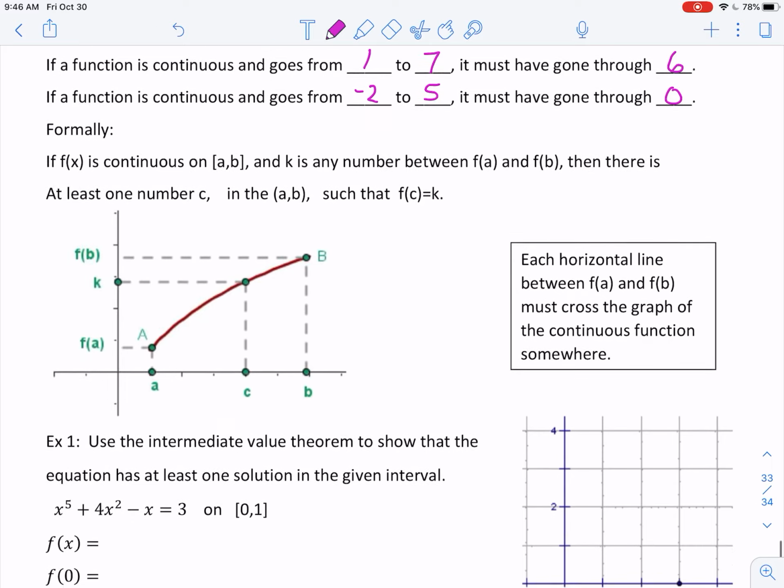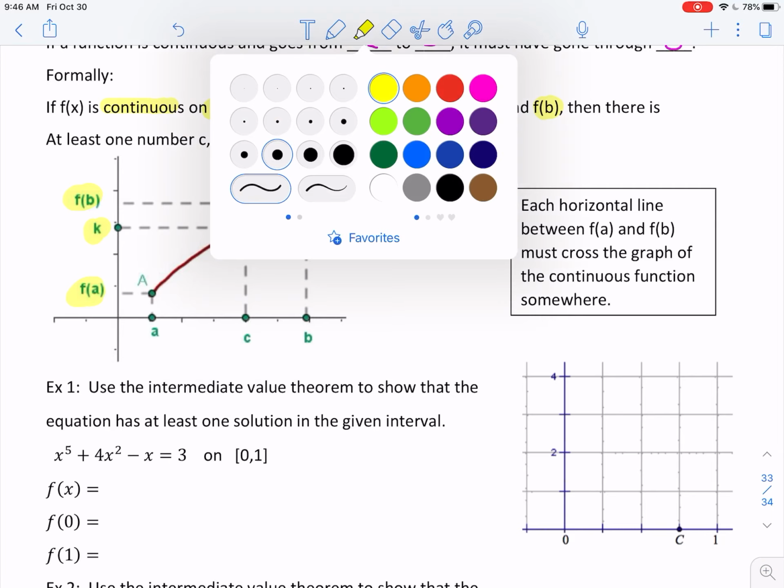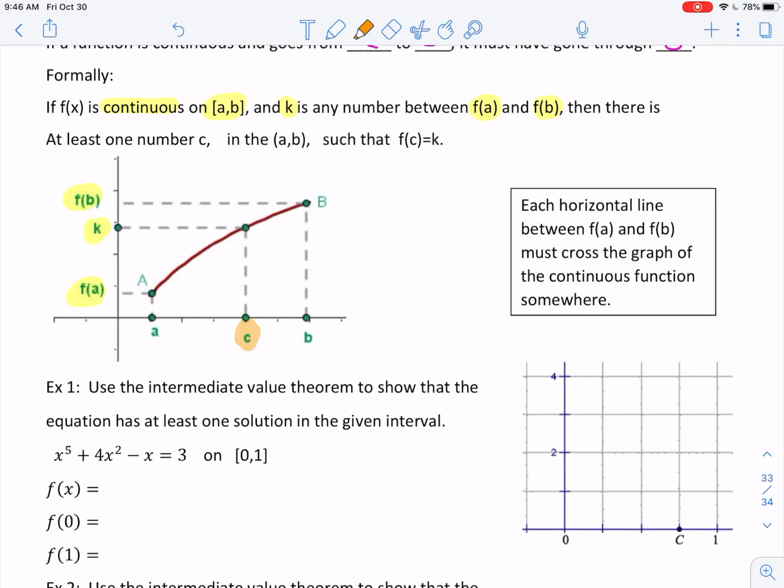All right? So this is the theorem stated formally. And again, the formal definition sounds confusing sometimes, but it has to be continuous on the closed interval. If k is a number between f of a and f of b, and I'm marking it on this picture to help it make sense to you, then there has to be one value c in the open interval.